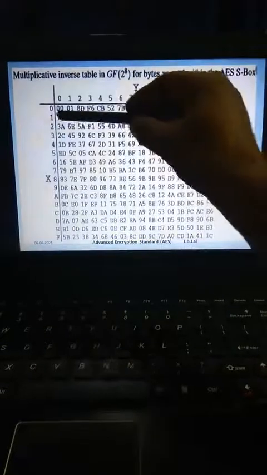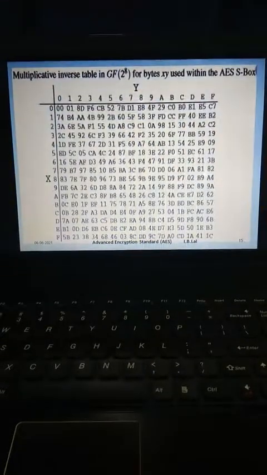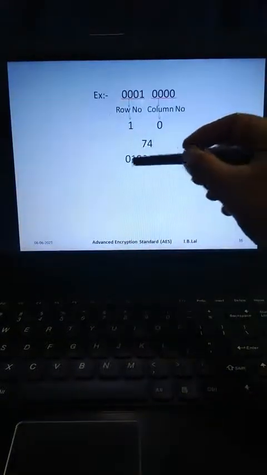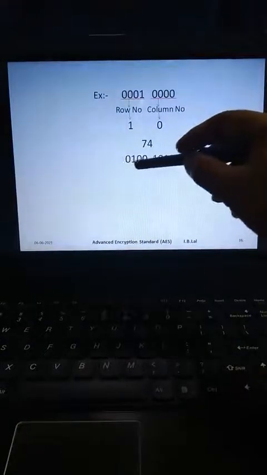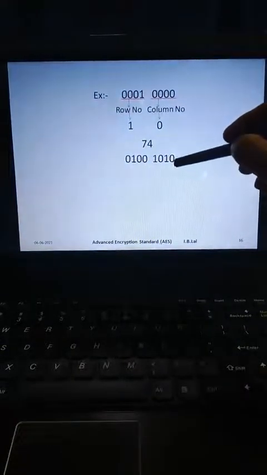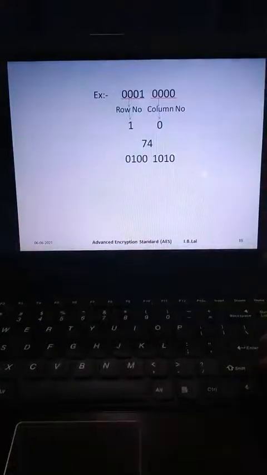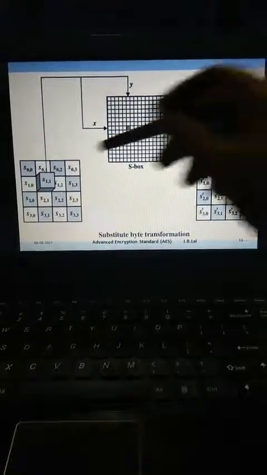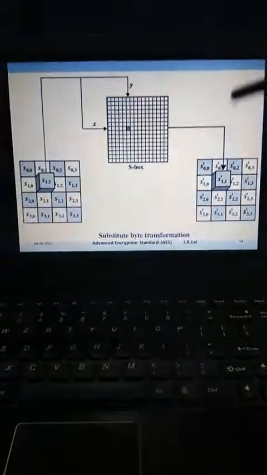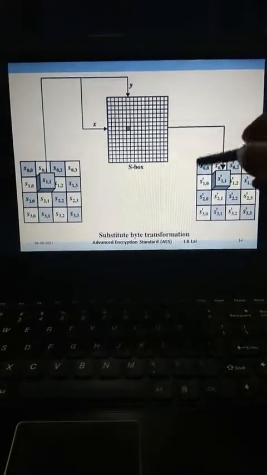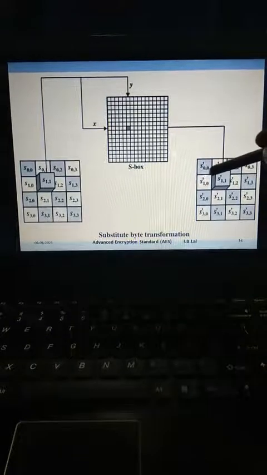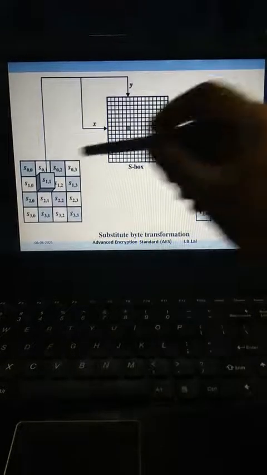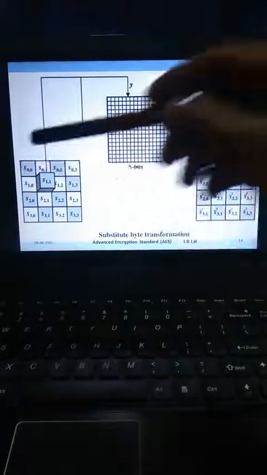Now we take this 74 from the S box, and 74 is converted into a binary number. We can see here 74 is converted into 01001010. Now this value is stored in the S dash matrix here, because we had taken the value from S00. This converted 74 is stored in S dash 00. Similarly, the value from S10 would be taken out.